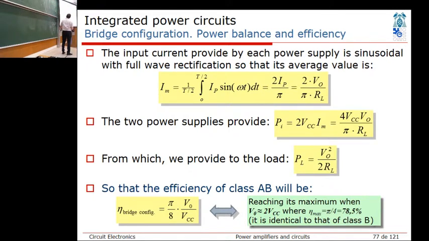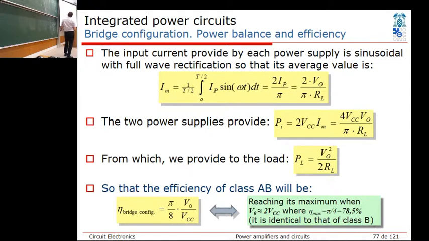So the input current for each power supply, let's see, that's 2 times V0. Okay, yeah, the math is right.